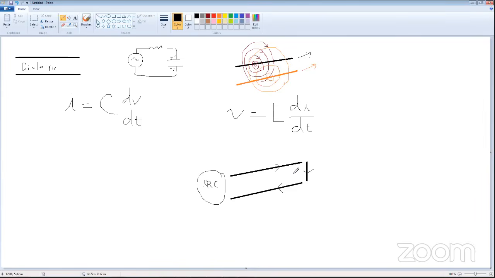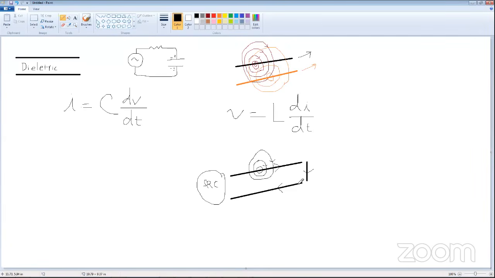The reason I'm going over this part is because, as we mentioned before, you're going to have field lines. Following the rule for current, they circle this way. If you're looking from left to right, they're going clockwise.